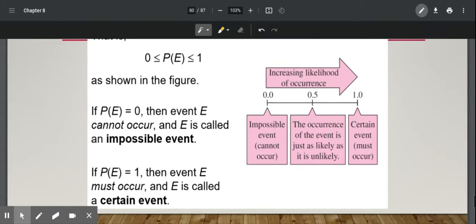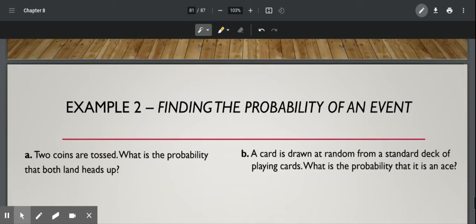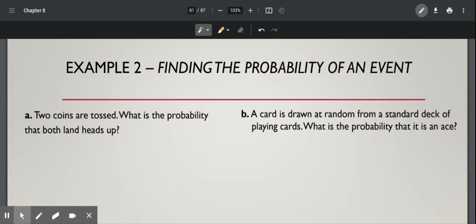And that's kind of what this table is talking about right here. So for example 2, we want to find the probability of the event where two coins are tossed. What is the probability that both will land heads up? So let's first think about the sample space that we had when two coins were tossed: heads, heads; heads, tails; tails, heads; and tails, tails. So we know we have 4 possible outcomes.